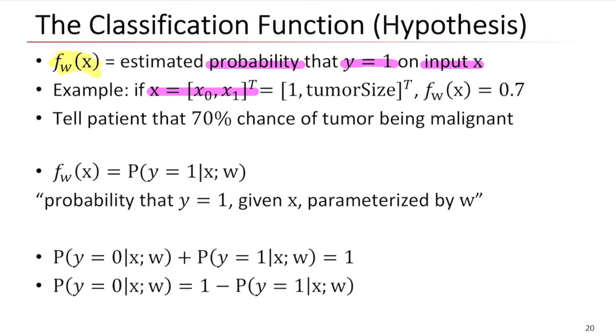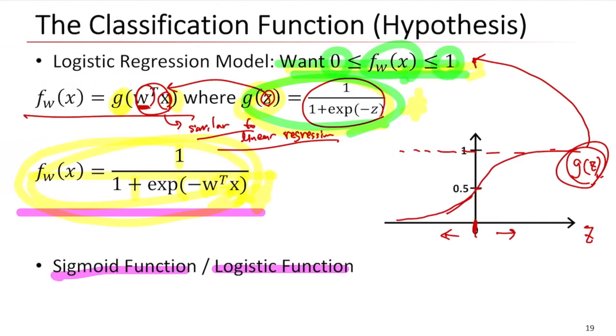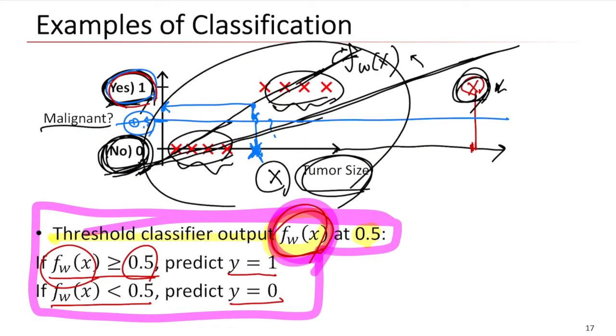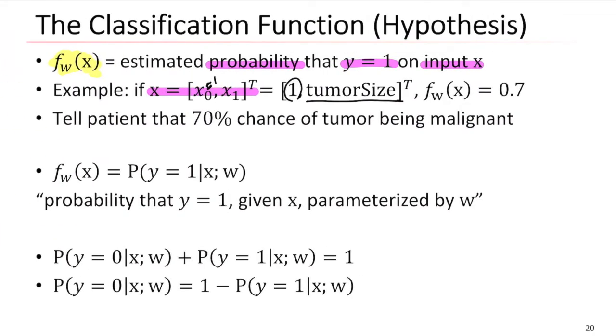In the multivariable linear case, we assume that x0 is just equal to 1, so x0 will be 1 and x1 will be the tumor size in this case. Anyway, we found some parameter W, and we have a classifier. With this classifier, from this x value, we found the output of this mapping function was 0.7.